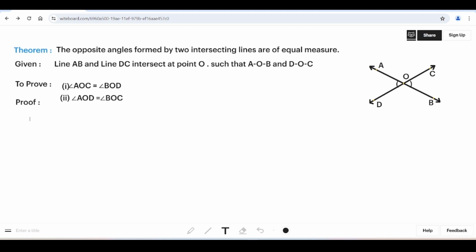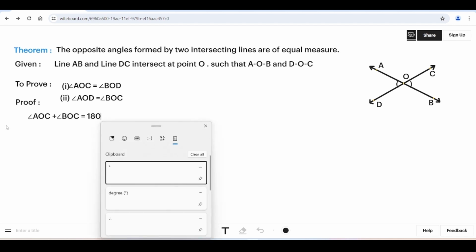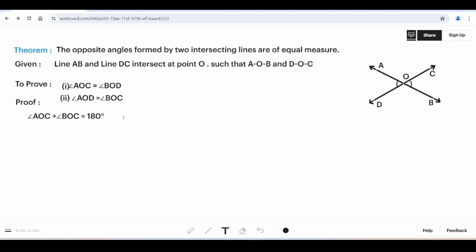So from the linear pair of angles we will have angle AOC plus angle BOC is equal to 180 degrees. That is from the linear pair of angles.